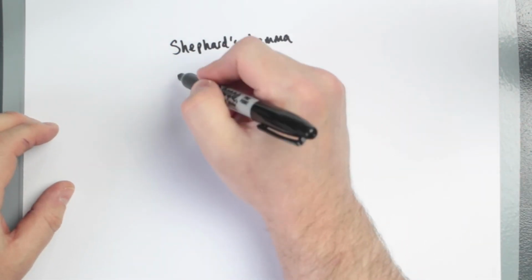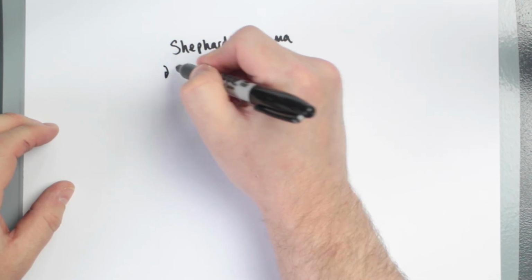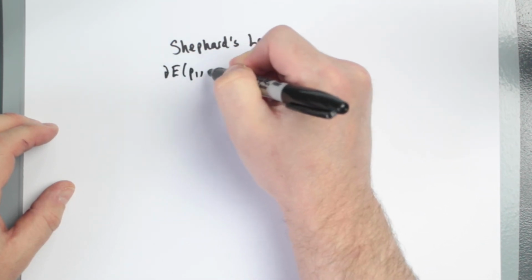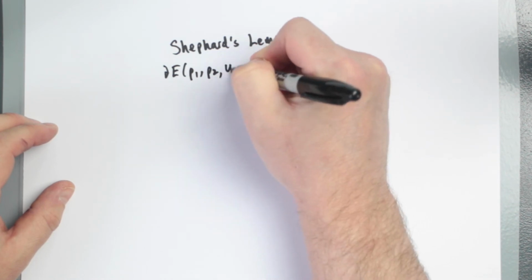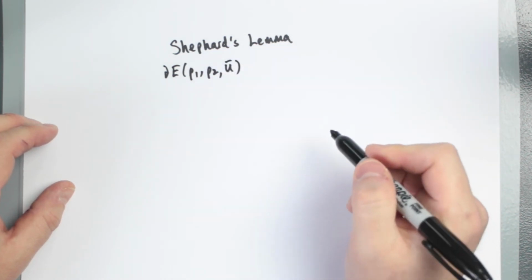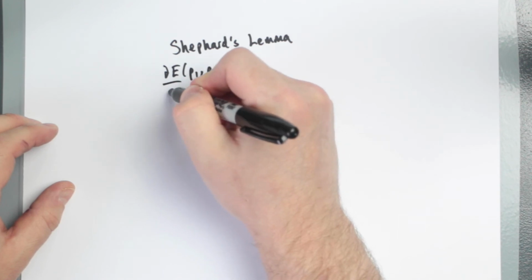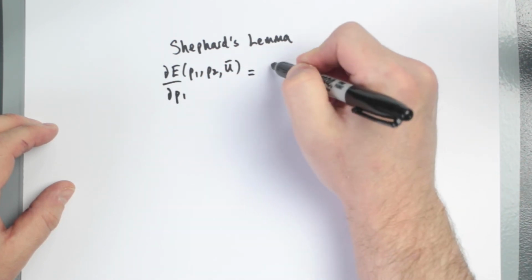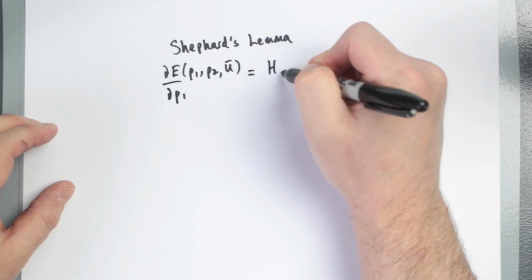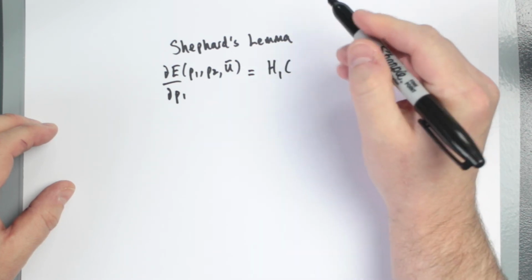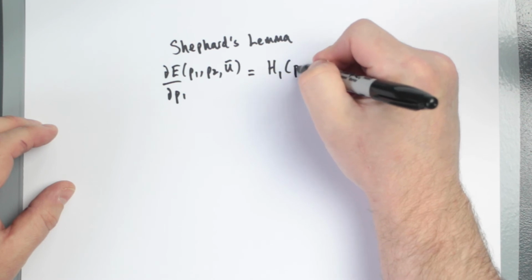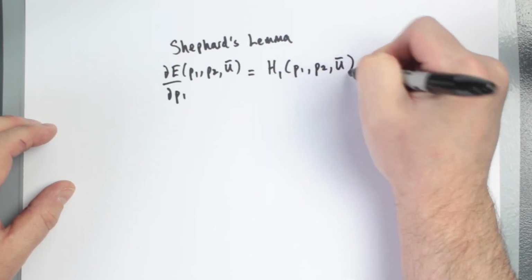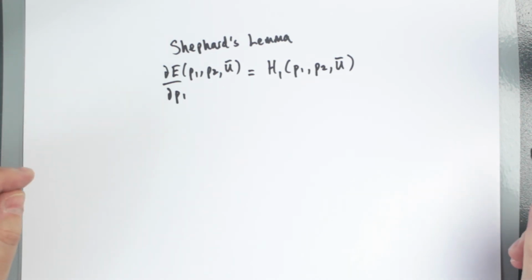It said, well, if we partially differentiate an expenditure function, which is a function of P1, P2, and a target level of utility U bar, with respect to P1, then we get the Hicksian demand function, the compensated demand function at P1, P2, and U bar.